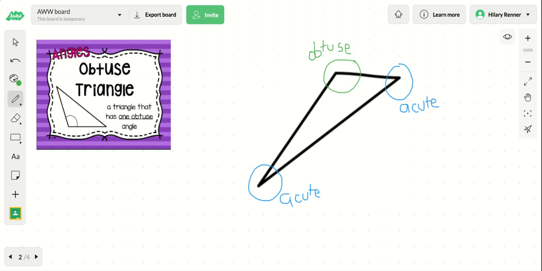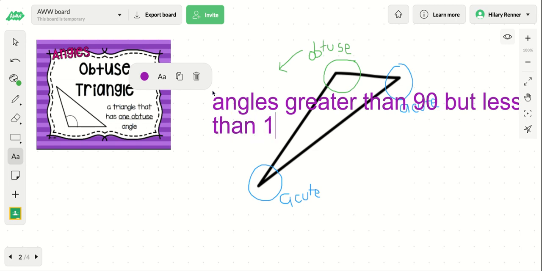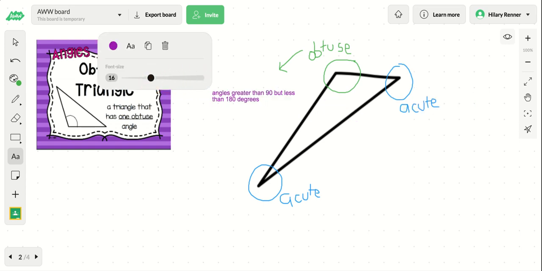Okay, and we know that obtuse is an angle greater than 90, but less than 180 degrees. I will make that smaller so we can see it on the video. So we know that that's what an obtuse angle is.